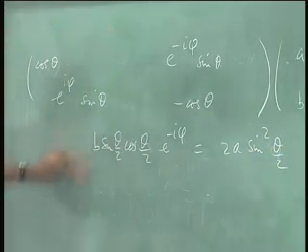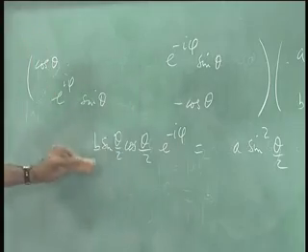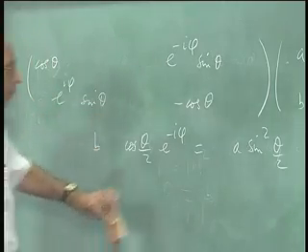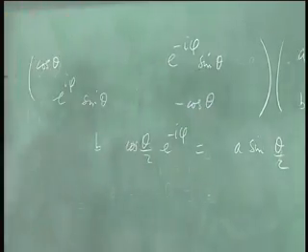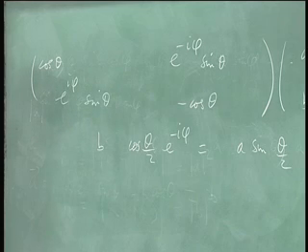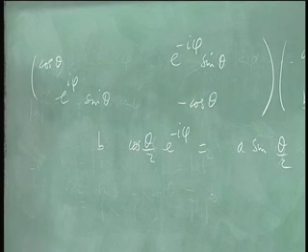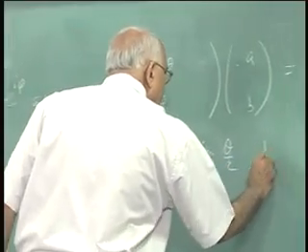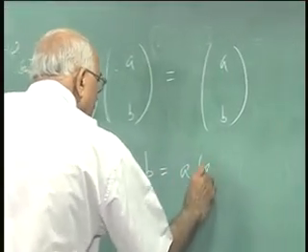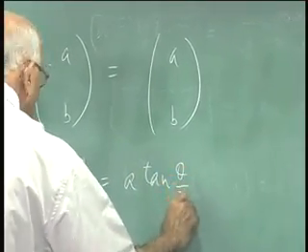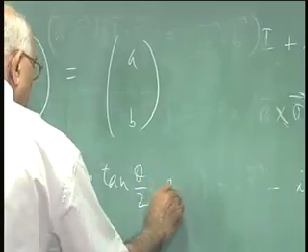So the 2 goes away on both sides, a sin theta over 2 goes away, and it tells you b equal to a tan theta over 2 e to the I phi.